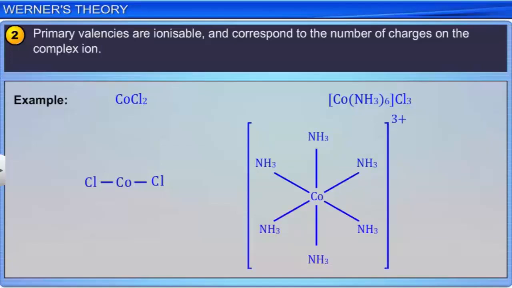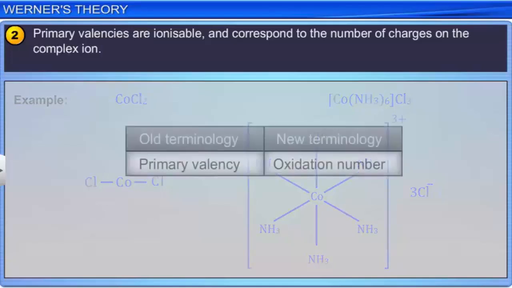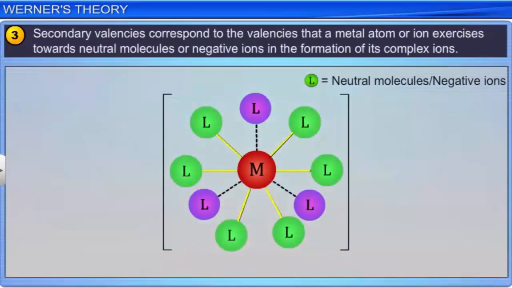The third postulate is that secondary valencies correspond to the valencies that a metal atom or ion exercises towards neutral molecules or negative ions in the formation of its complex ions. Every metal has a fixed number of secondary valencies or coordination number.